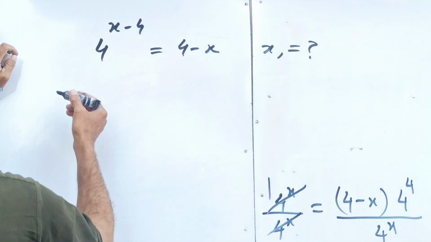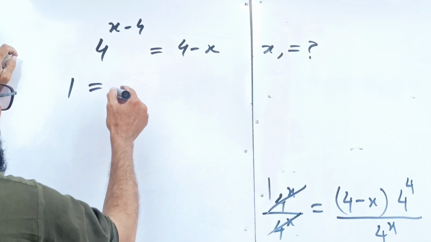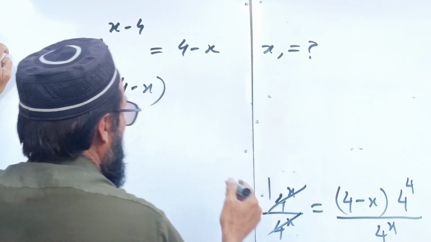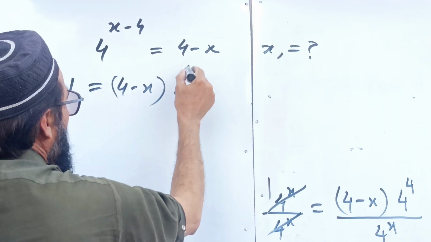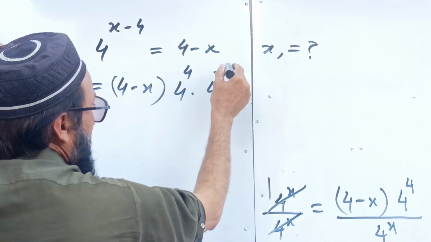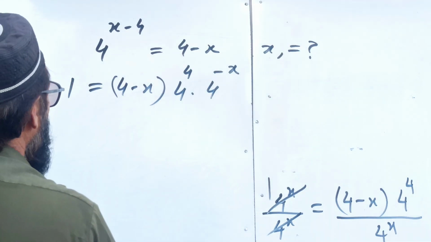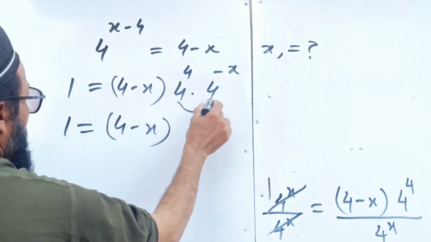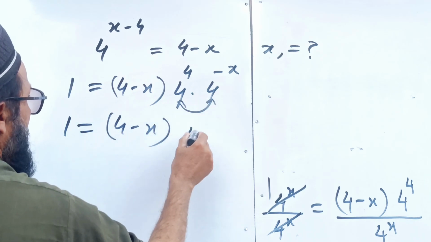So we get 1 is equal to 4 minus x. When the bases are the same, we add their powers, so 4 exponent of 4 and 4 exponent of minus x. Now further simplify.